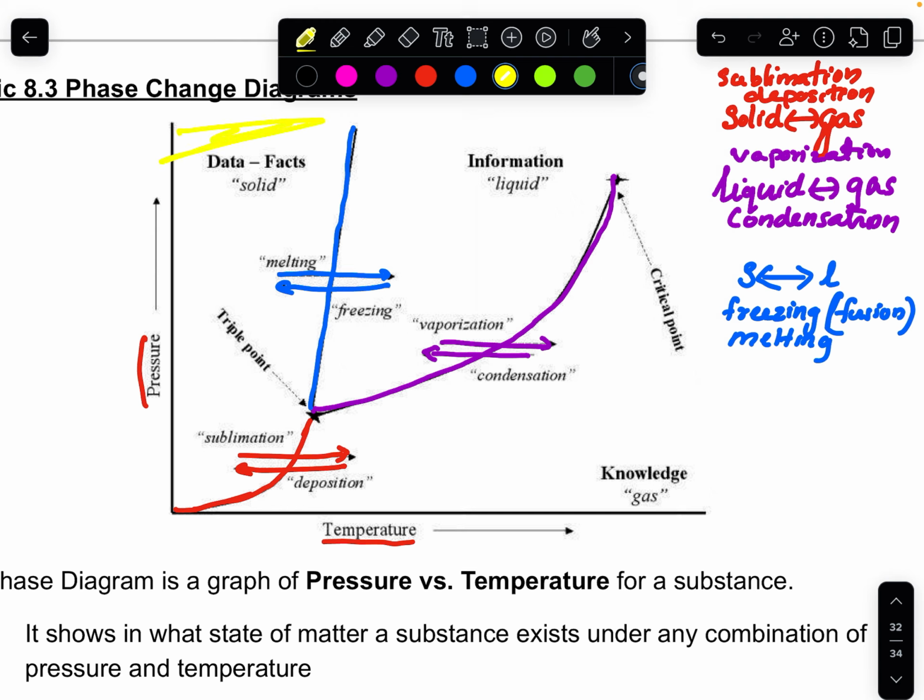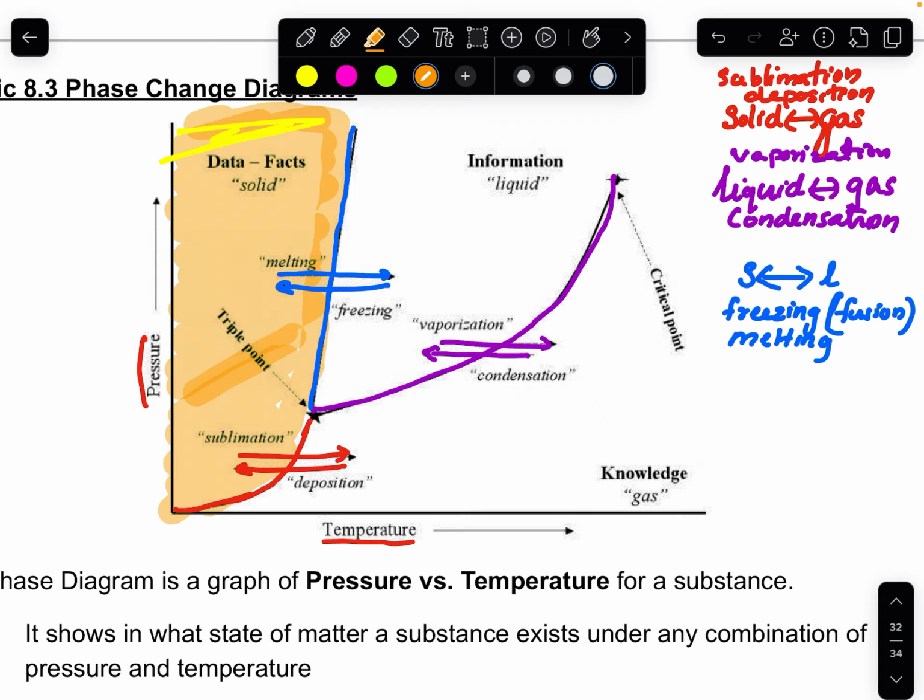That means, highlighting this area, these areas are called solid, and this area is representing gas, and this one is liquid.